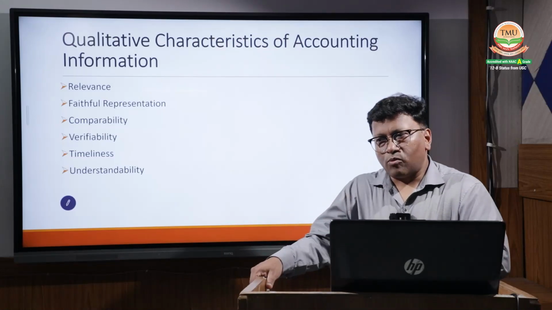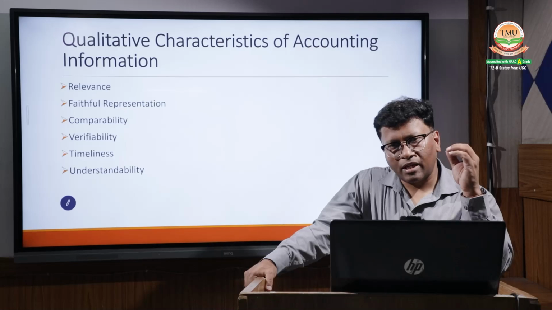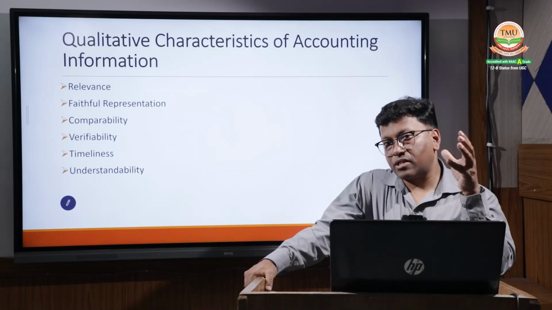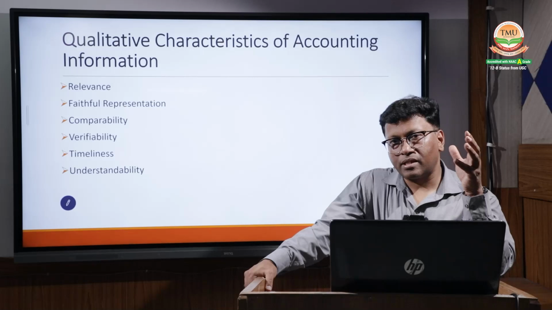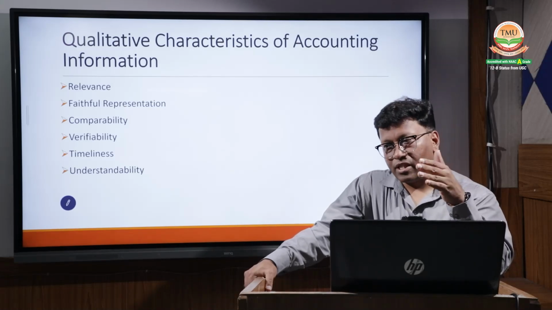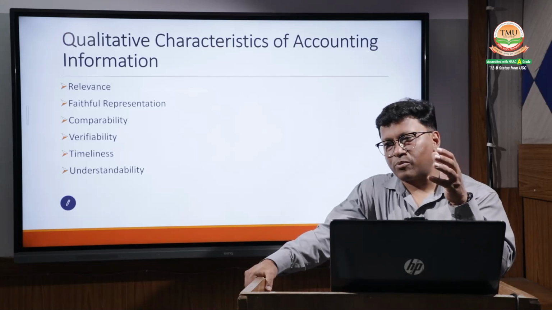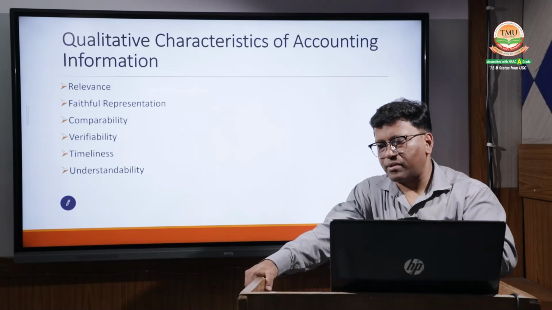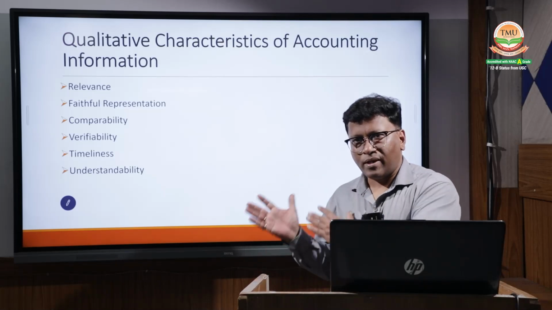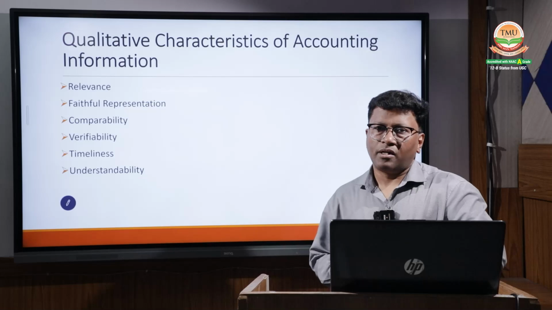If accounting is giving you relevant information, it means the users of accounting or the stakeholders are in a position to take economic decisions on the basis of this information. Or you can say that the information provided by a particular accounting system is in a position to influence the economic decisions of the users of accounting.